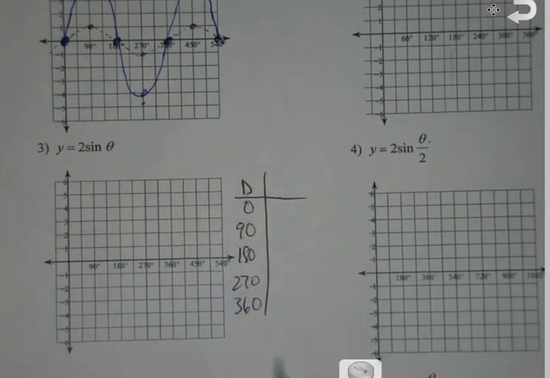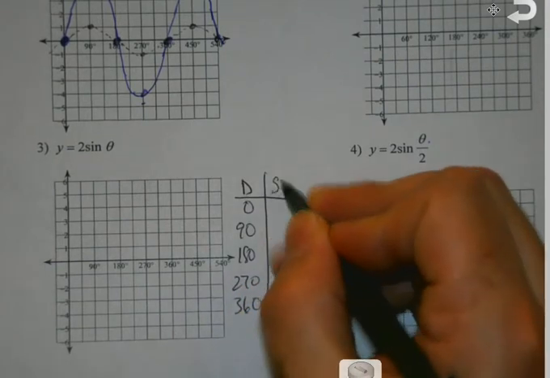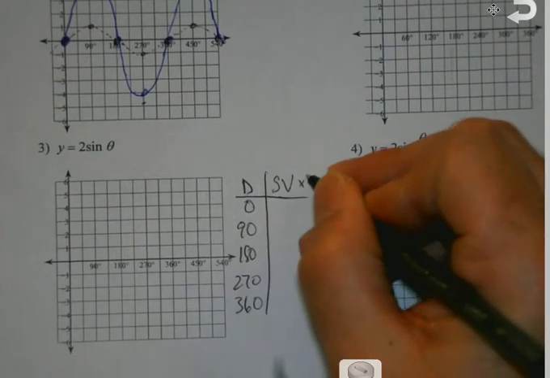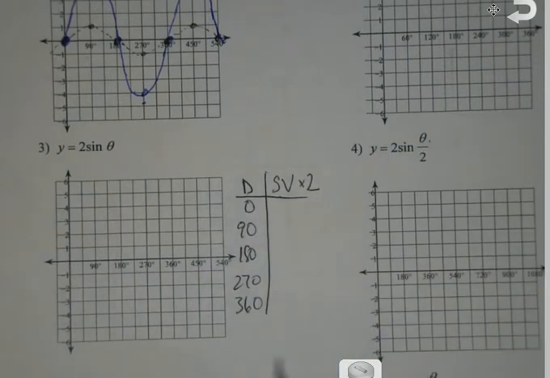Okay. My values, or we could call it my sine value, normally, again, is 0, 1, 0, negative 1, 0. But I notice I'm going to times those by 2.